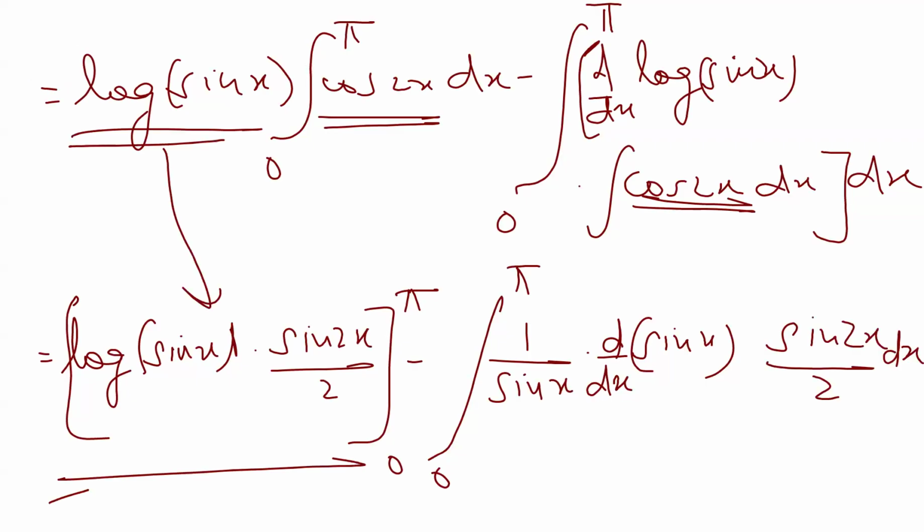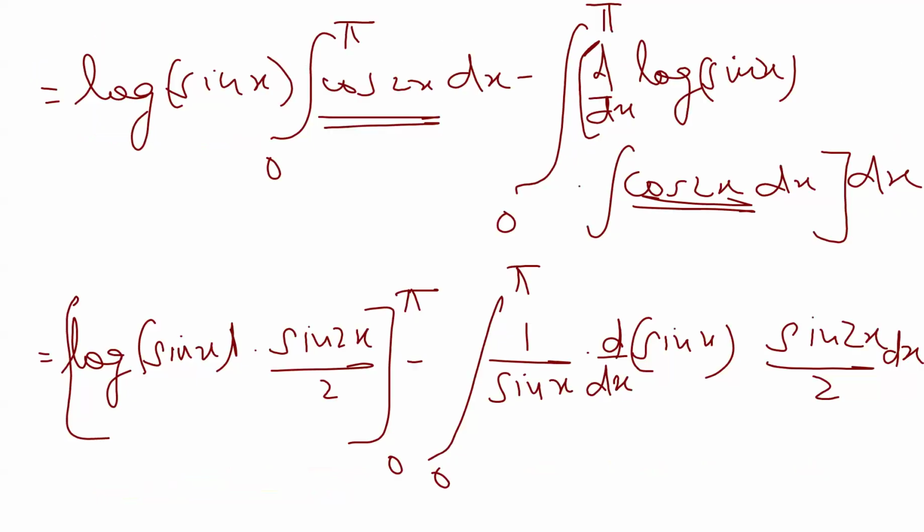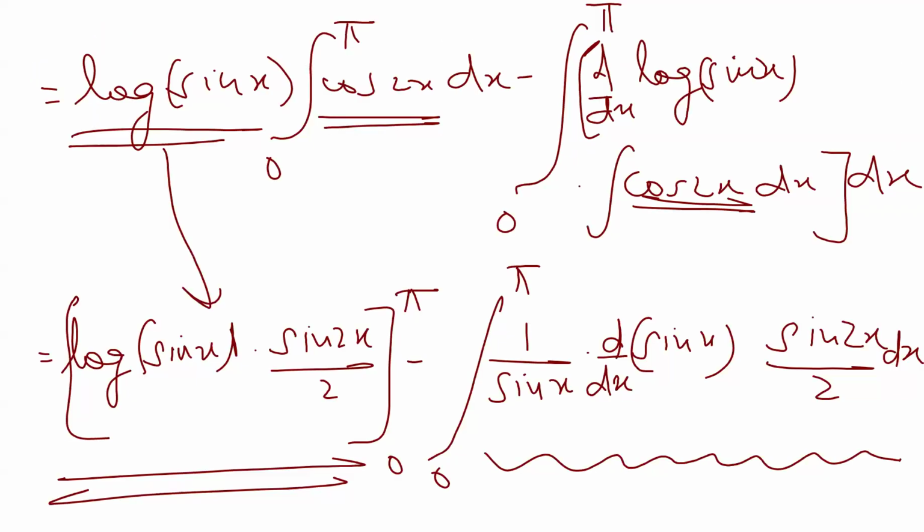Now see guys, I'll just go back to the previous page. This will be box minus box, and then we are going to simplify this. Just be ready for this. Wherever there is x, we are going to put x as pi in the first box.